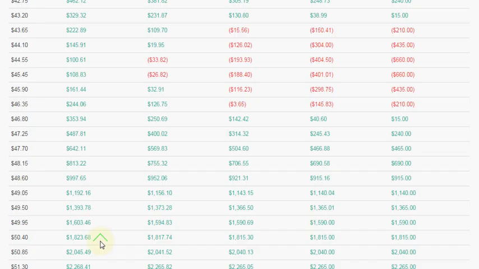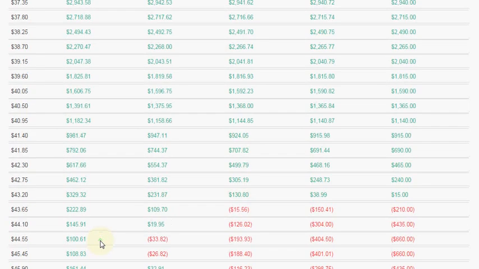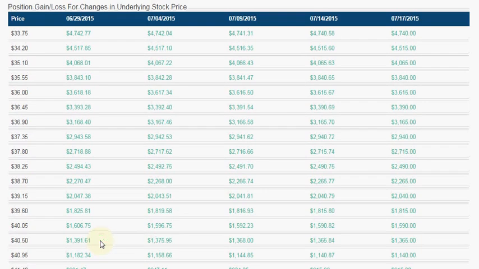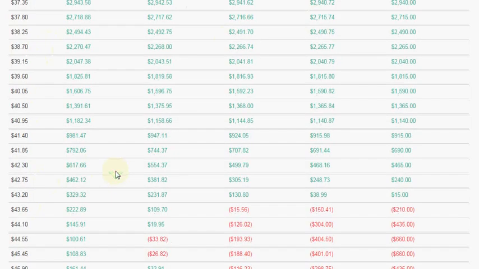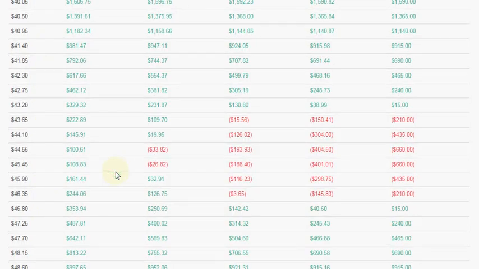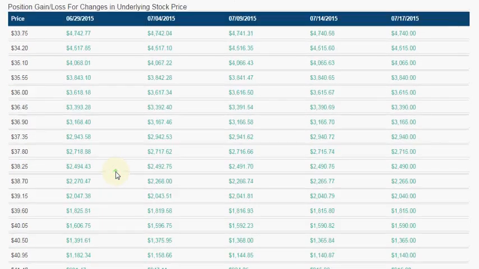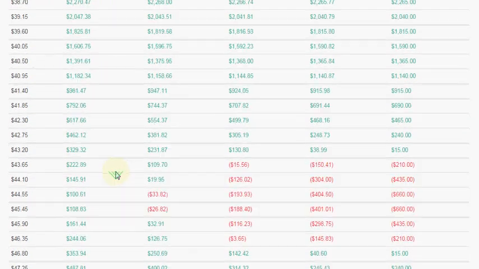Now we have an option pricing model, so a lot of these are assumptions on where the price will be at further dates if the price of the underlying is here, and we calculate what the gain or loss would be at that theoretical price for the option. So we go all the way out to July 17th.